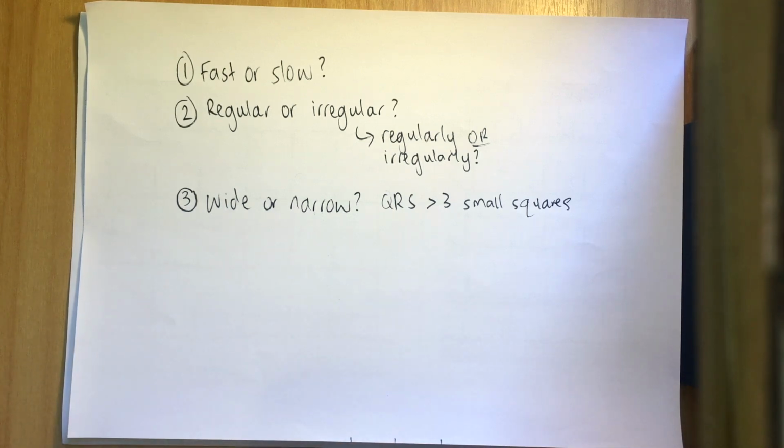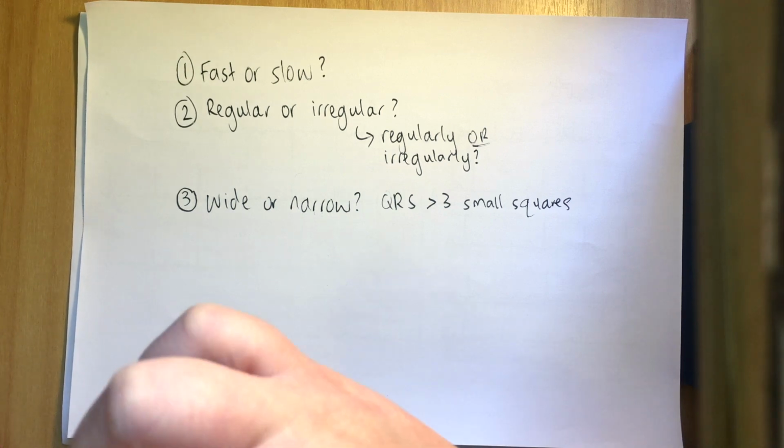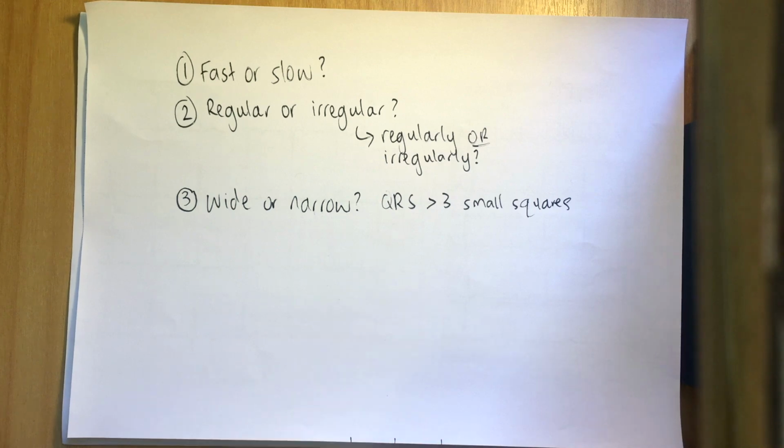One reason is that the QRS complex has been generated by the ventricles, so it's a ventricular complex rather than a sinus or supraventricular one. And then the other reason is that it still comes from further up in the conducting system, so it might be a sinus beat or a junctional beat or whatever. We'll talk about what that means in a subsequent video. But that there's been some kind of conduction delay.